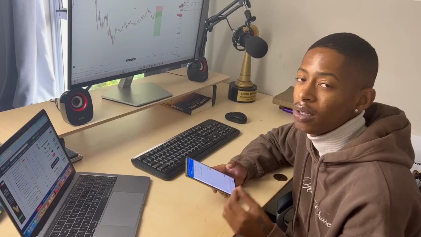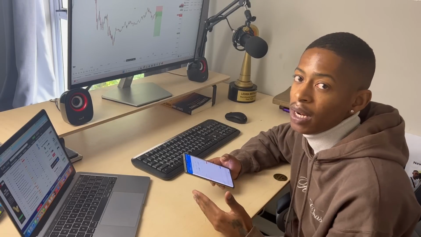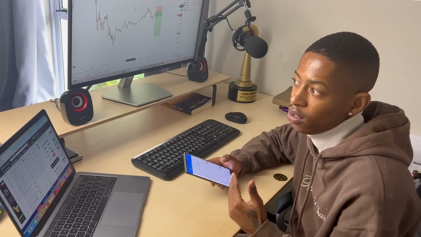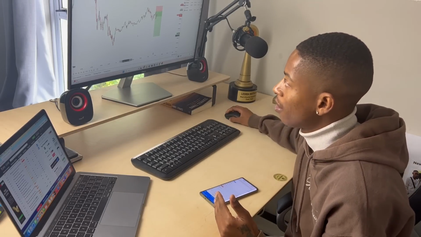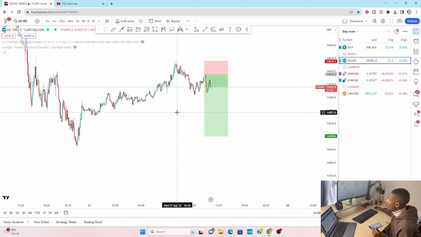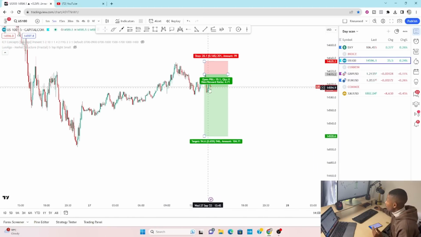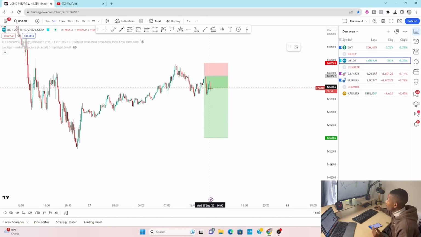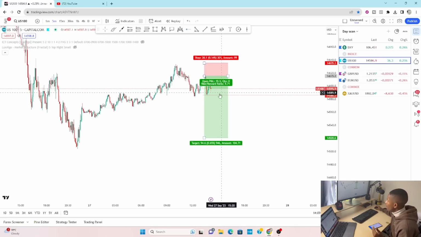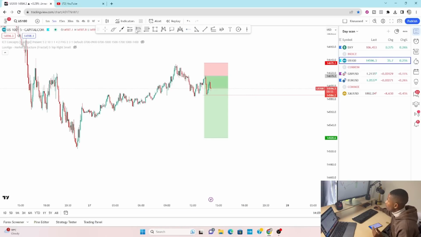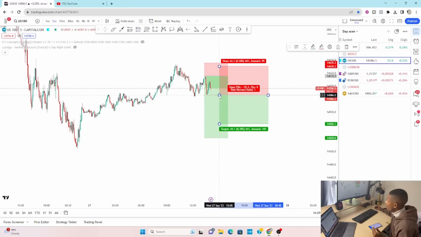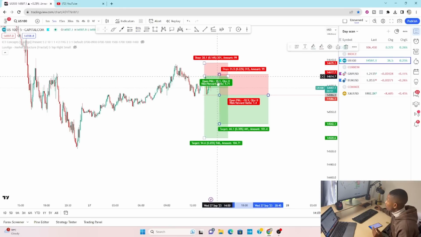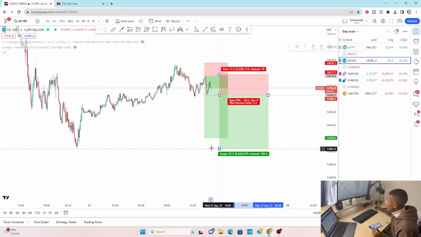There's what we call stops as well. Stops are when you have a buy stop or a sell stop. Let's say for instance, looking at this scene here, price is somewhere right here where it's at now. If I'm saying that if price breaks below this area here, I want to find myself in a sell, then I'll have a sell right here, maybe stop loss here, and take profit all the way down here.